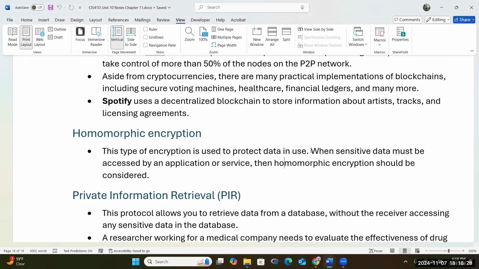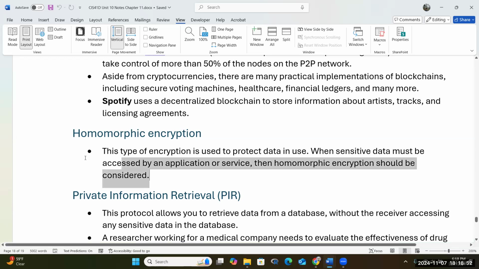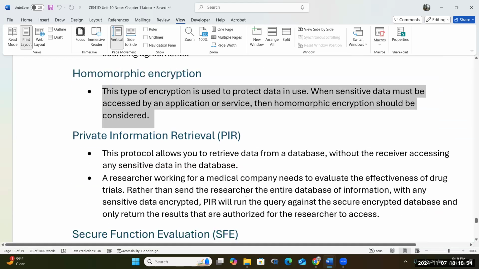So you would access it, encrypt it, and decrypt it. This is what you see with things like patient data and intellectual property type of data. That's important, right? That will be accessed through the application service, and it should be considered. Okay, so homomorphic encryption.